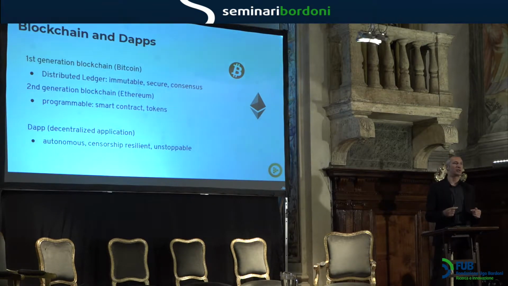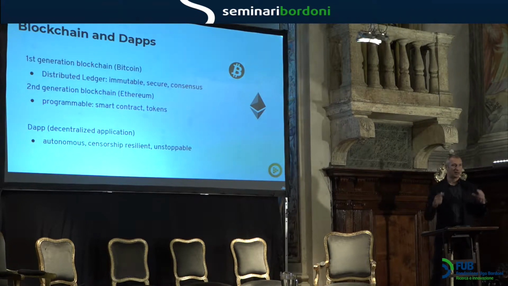The second generation of blockchain, Ethereum being the main known one, appeared basically in 2015. It's the same idea as Bitcoin, plus you add the fact that you can execute programs. With Ethereum, you can create programs that we call smart contracts. You can deploy those programs on the blockchain, and the way those programs are executed follows the same idea as the distributed ledger.